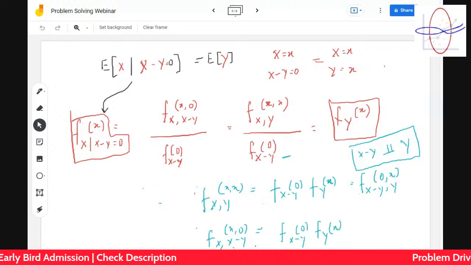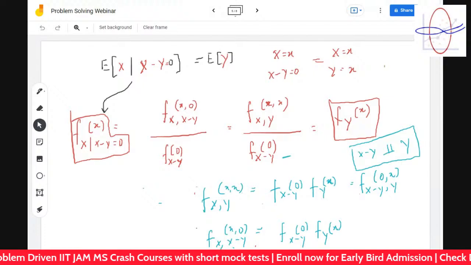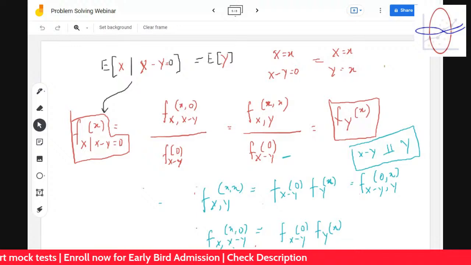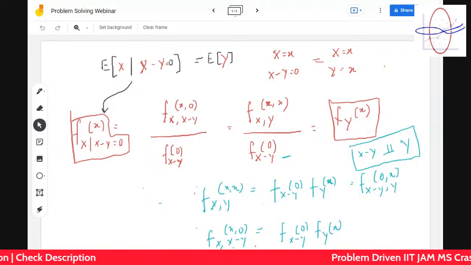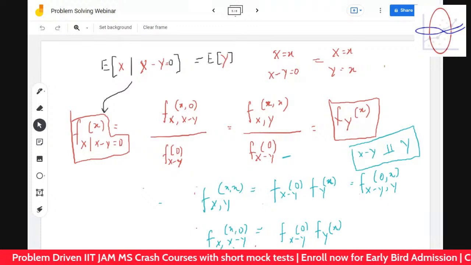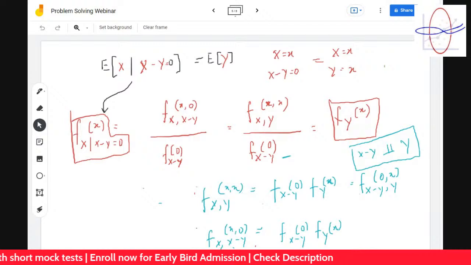What do you think, guys? Tell me about your ideas. Others, did you understand this? Vasant, are you understanding that this will only hold true if x minus y is independent of y, right? Otherwise, will it hold true?